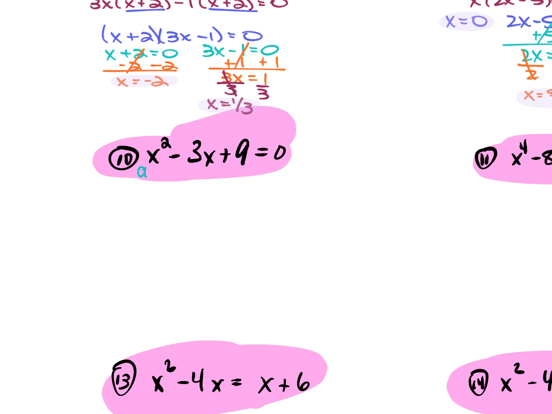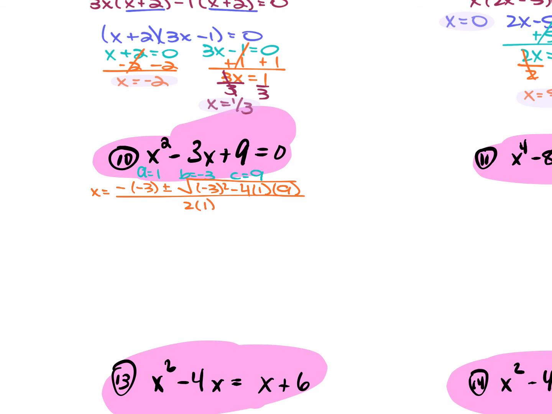So your A here is 1, your B is negative 3, and your C is 9. So again, we're going to use the quadratic formula, the opposite of B plus or minus the square root of B squared minus 4 times A times C all over 2 times A. So that's going to give us x is equal to the opposite of negative 3 plus or minus the square root of negative 3 squared minus 4 times A, which is 1, times C, which is 9, all over 2 times A, so 2 times 1.